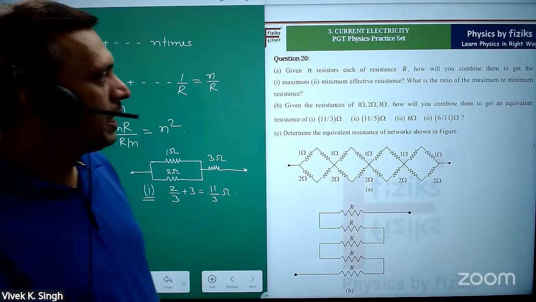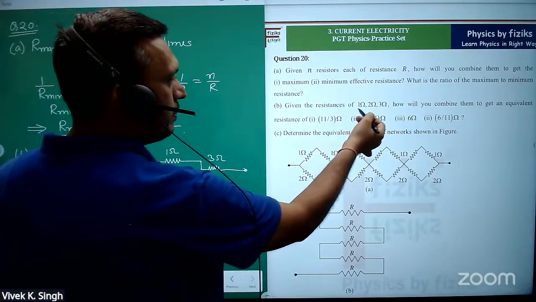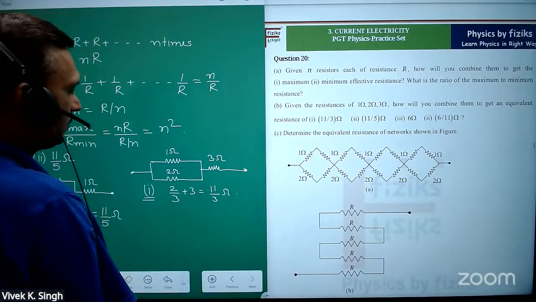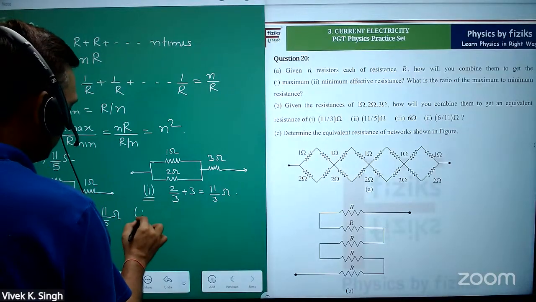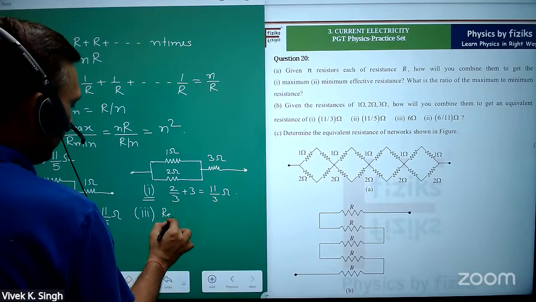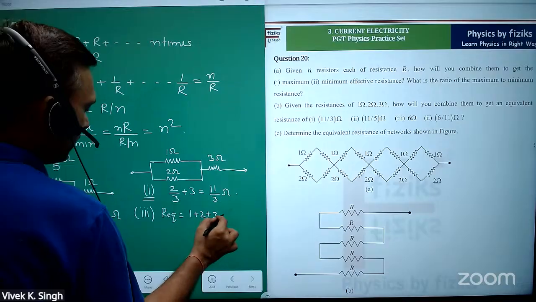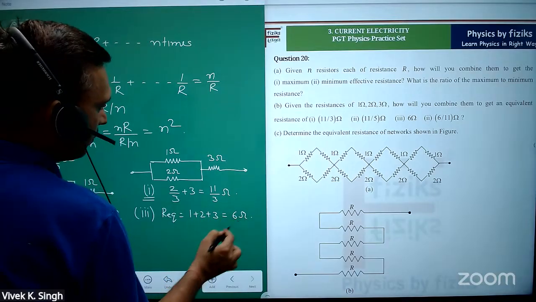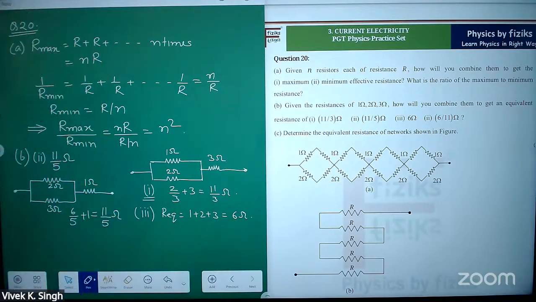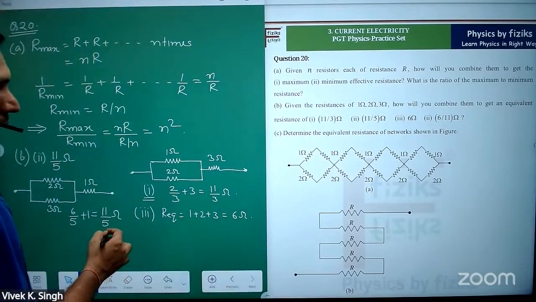And in the third part, you want 6 ohm. So for 6 ohm, they must be in series. Case 3: R equivalent, when they are in series, is 1 plus 2 plus 3. This will be 6 ohm. And you want 6 by 11.